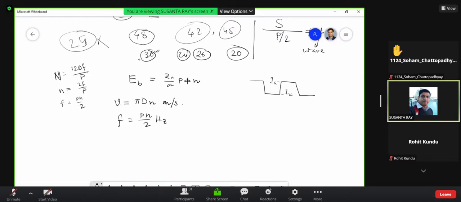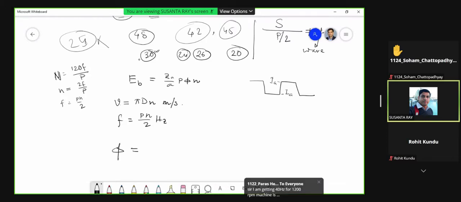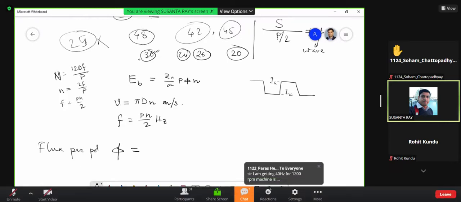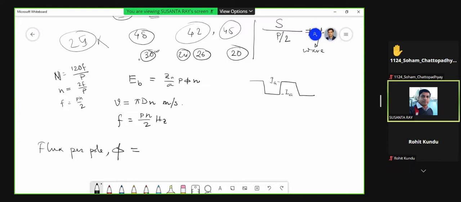So what is the flux per pole, Φ? How to calculate that? It's very easy.